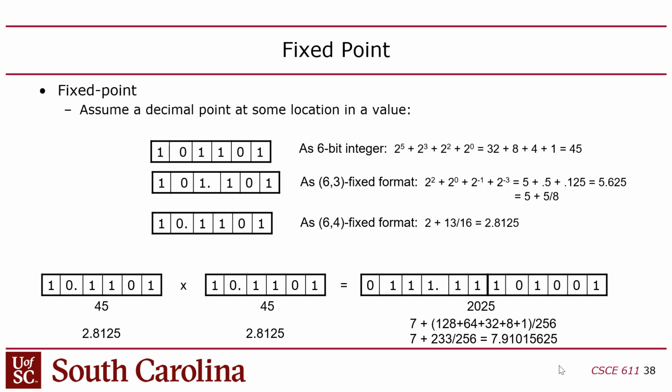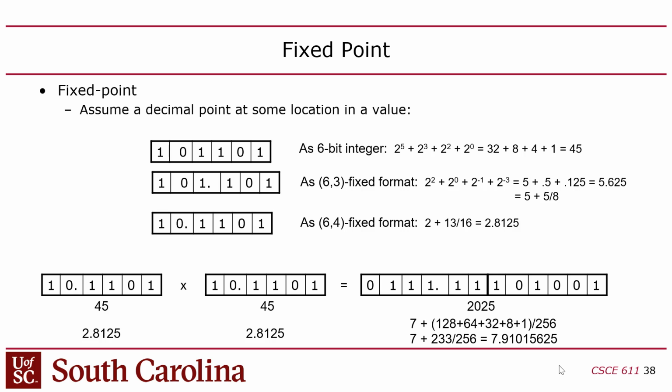So if I put my decimal point right there, then I have a 6-bit number and 3 are whole bits and 3 are fractional bits, right? What that really means is that I'm assuming that whatever's in that number is being scaled by 1 over 2 to the third power, or being multiplied by 2 to the negative third power. In other words, that number is an integer, but it represents eighths, not wholes, not ones, right? That's really all that means.